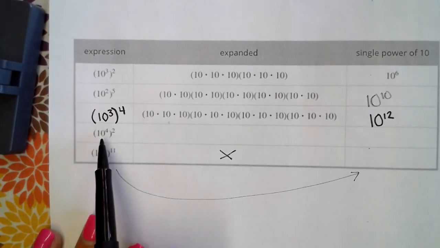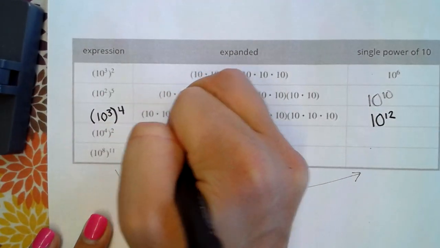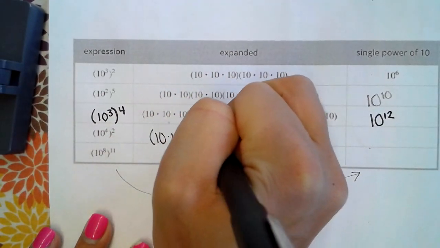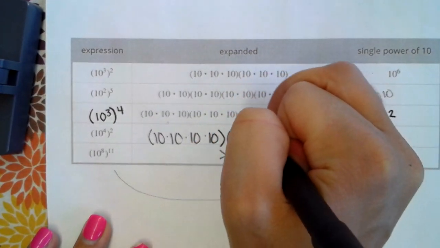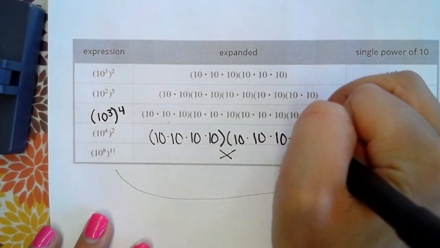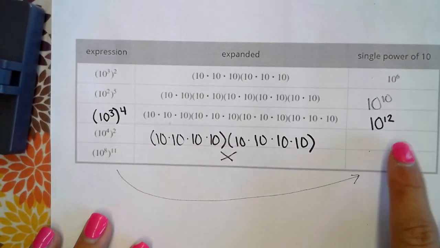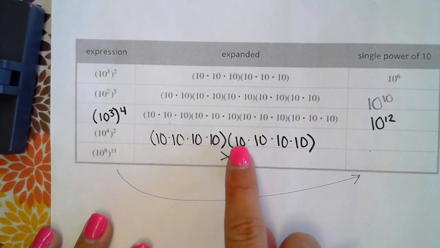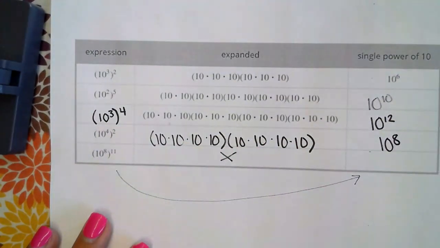So this one here is 10 to the fourth written twice. So 10 times 10 times 10 times 10. That's 10 to the fourth. And I have 2 of them being multiplied together. Then to get this final single power of 10, I have 1, 2, 3, 4, 5, 6, 7, 8 of them. So 10 to the 8th power.